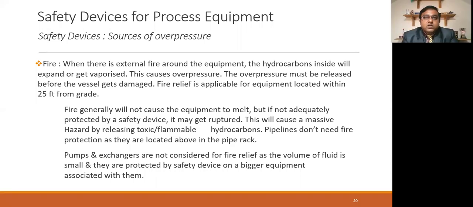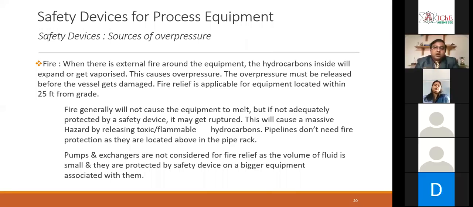Same is for the exchangers. So we don't treat them as standalone and provide a PSV everywhere for fire protection for each piece of equipment. We can treat it as a system as a whole and keep a single PSV to take care of some of the associated equipment.